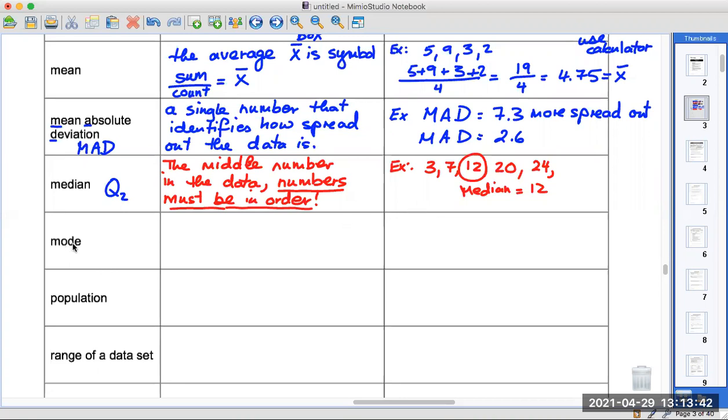So the mode is the number that occurs most often in your data points. But sometimes there is no mode because every number occurs once. See, there is no mode here.